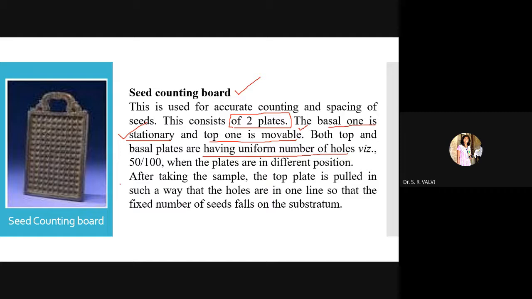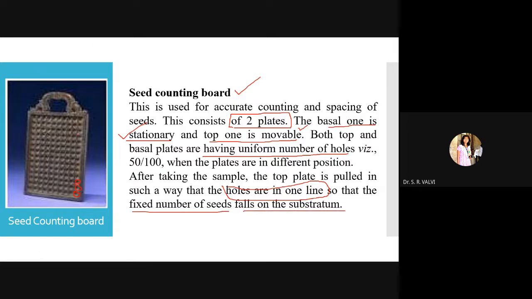Are you observing, these are the smaller holes, and they are exactly similar on the top as well as on the base. After taking the sample, the top plate is pulled in such a way that the holes are in one line, so that a fixed number of seeds falls on the substratum.